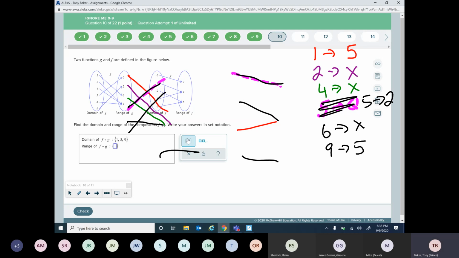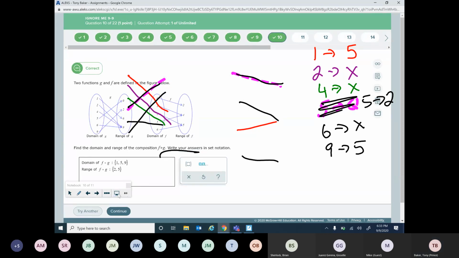And then the answers were 5 and 2. So 2 and 5. So you put your numbers in, figure out where they go to, and then that's your domain and your range. Whichever ones didn't work, I'm not going to use at all.